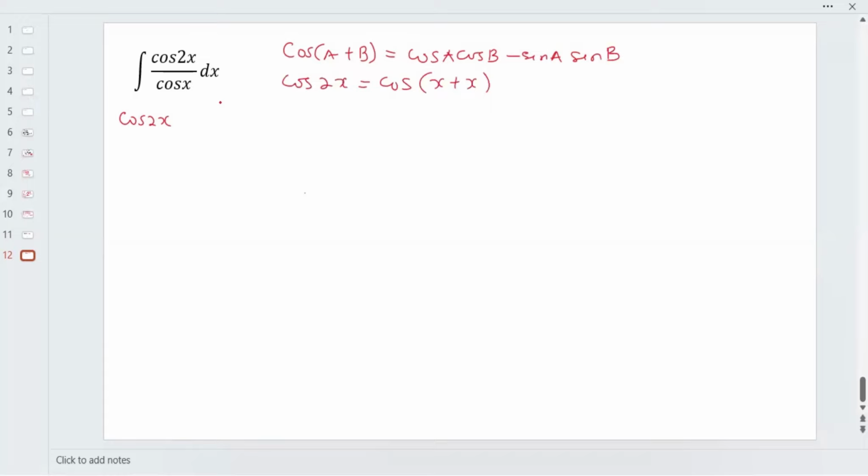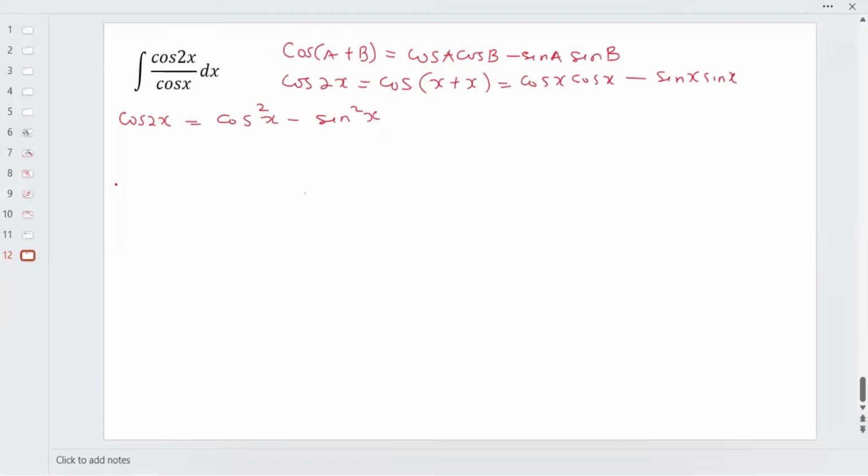If we expand this, it will be cos x cos x minus sin x sin x, which is the same as cos squared x minus sin squared x.